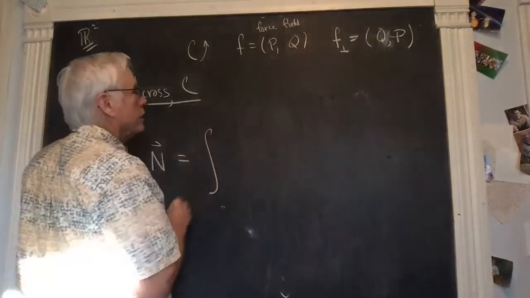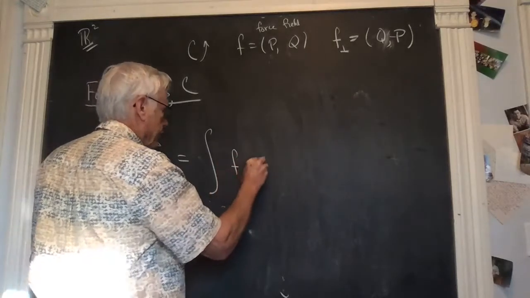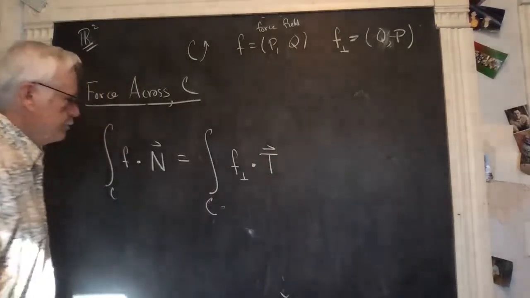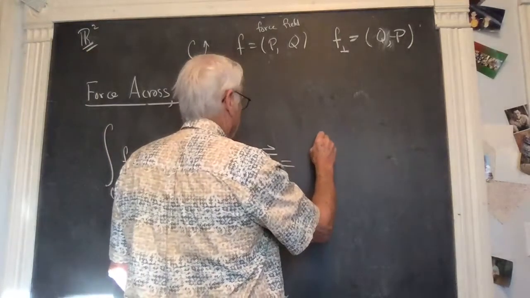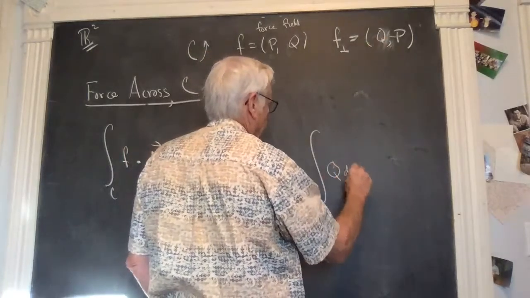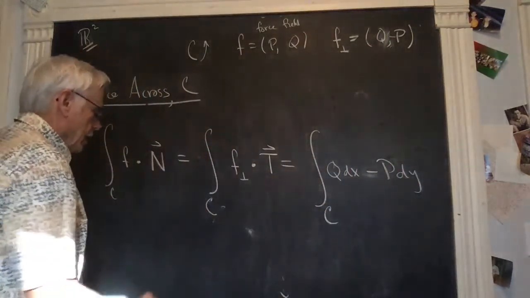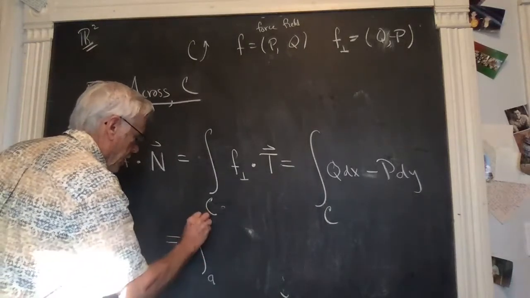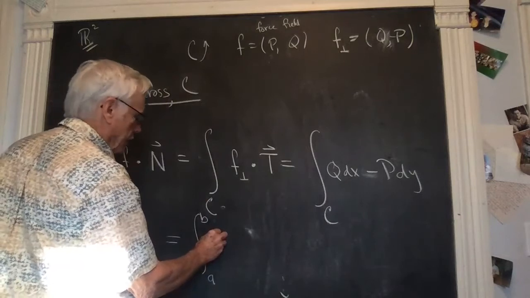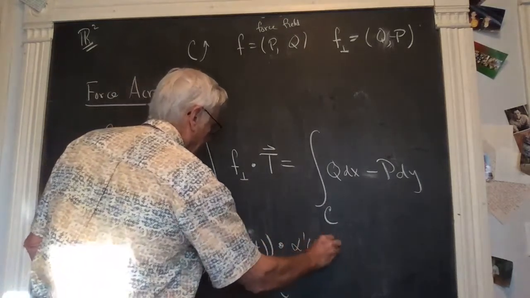And this ends up being the integral of F perp dot T. So these are the same along C, which is equal to the integral of, using the same idea, Q dx minus P dy along C. And if you parameterize, this is equal to the integral from a to b of F perp dot T, so this will be F perp of alpha of t dot product with alpha prime of t dt.